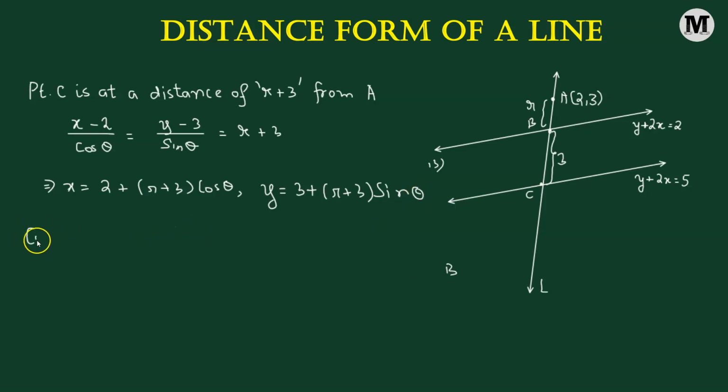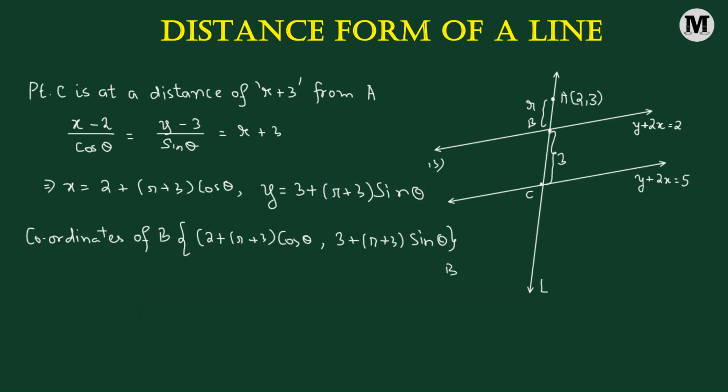So we express the coordinates of C in parametric form: the x-coordinate is 2 + (r + 3) cosine of the angle theta, and the y-coordinate is 3 + (r + 3) sine of the angle theta.